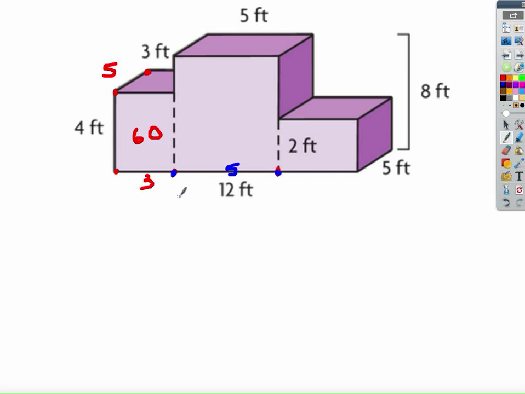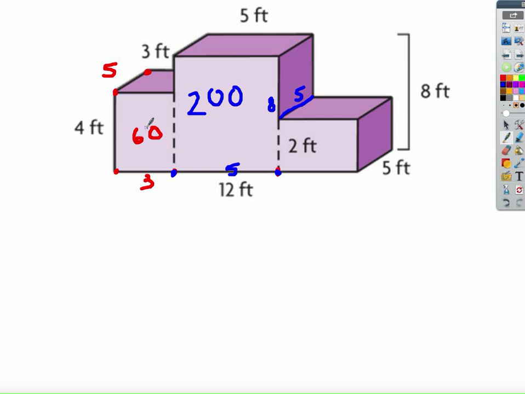The height of this one, it doesn't say right here, but if I look clear over here, you can see that the base to the top is 8 feet. And then we need the width of this one too, and once again it's over here, it's 5. So we do length times width times height. 8 times 5 is 40, and 40 times 5 is 200 cubic feet.